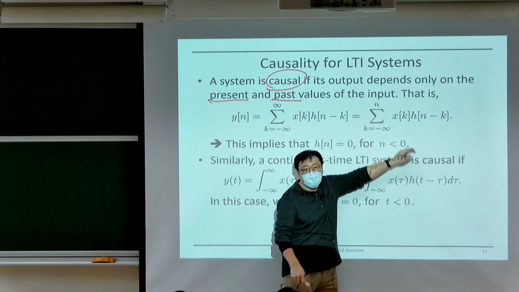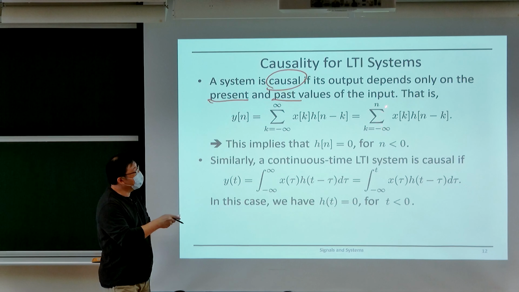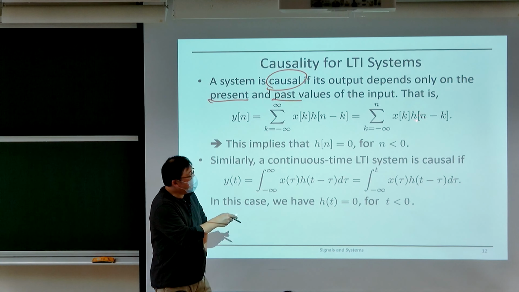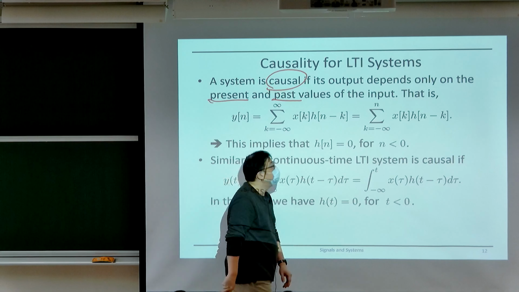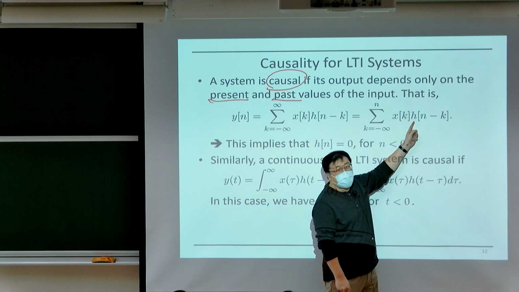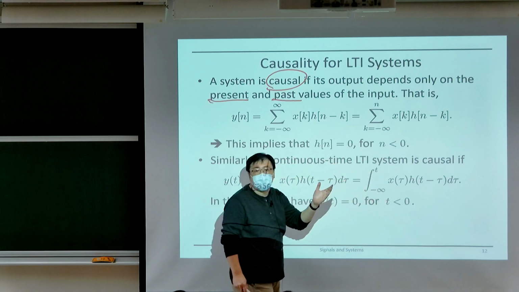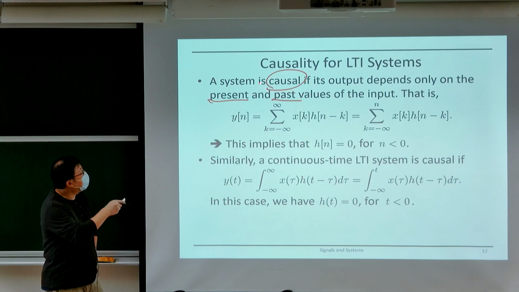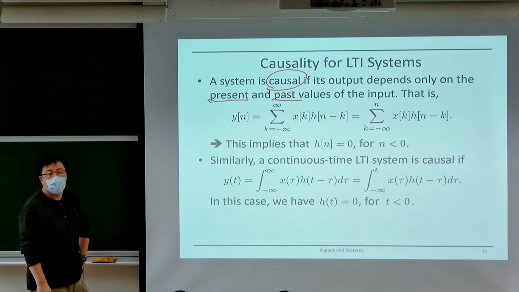So saying that this summation goes up to only n implies that h of n minus k must be 0 for all k greater than n. Or in other words, h is 0 for all negative time instants. So a system is causal if its impulse response is 0 for all negative time.